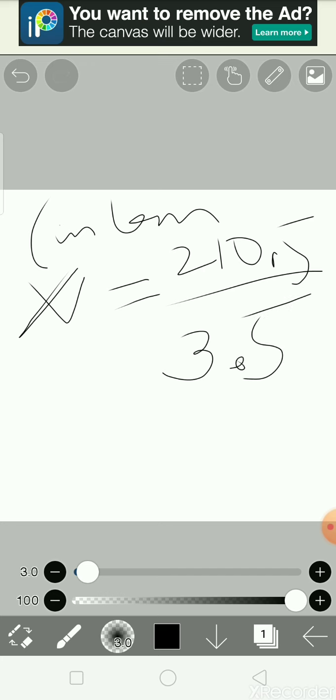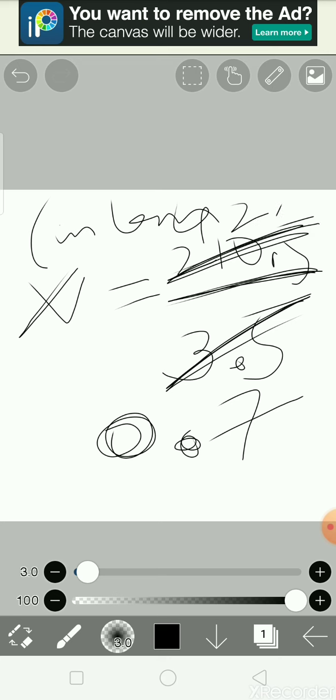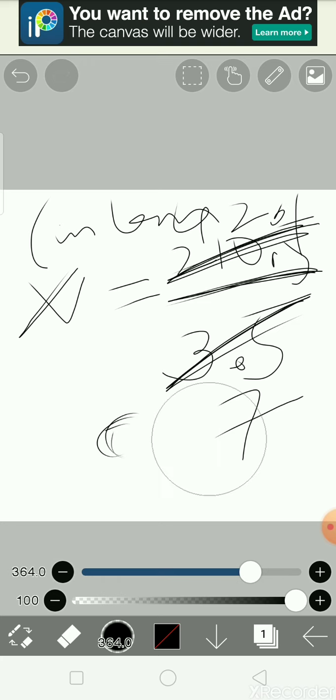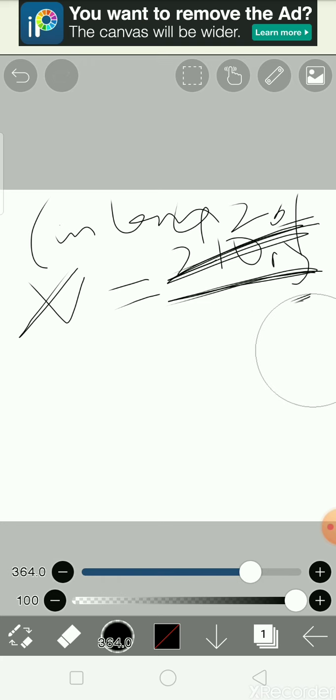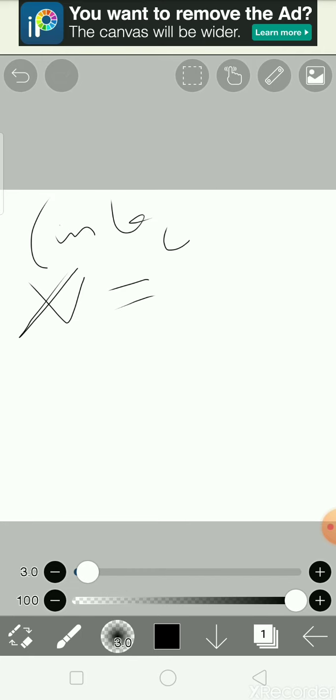So we can take common factor as 5. 5 into 0.7 is 3.5, and 5 into 42.1 is 210.5, so we can rewrite this as 421 by 7, right?